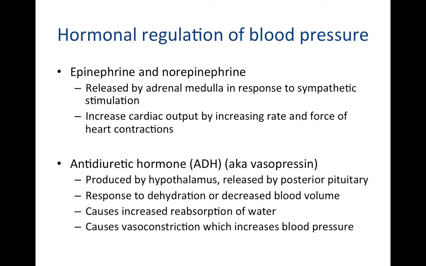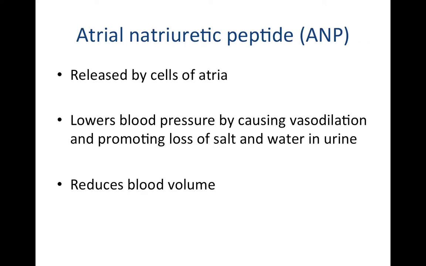So far, everything we've talked about increases blood pressure. Finally, the natriuretic peptides, and a good example of this one is atrial natriuretic peptide. This is a hormone released by the cells of the atria in your heart, and they detect when they are stretched because of increased blood volume.